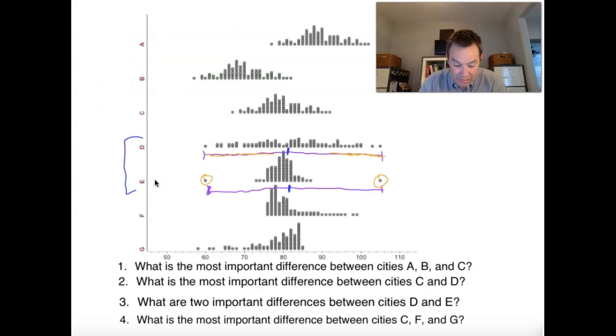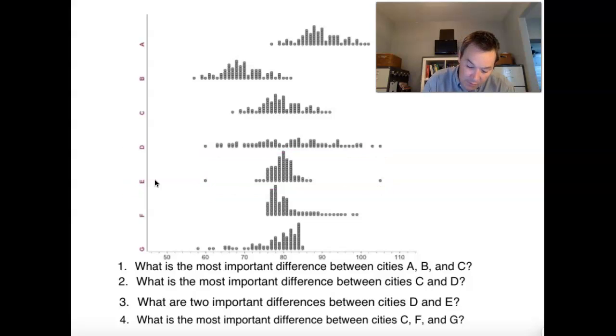All right, and then the last one. What's the most important difference between cities C, F, and G? All right, so now we're looking at C, F, and G. Again, I'll start by tracing the rough shape over the distribution.